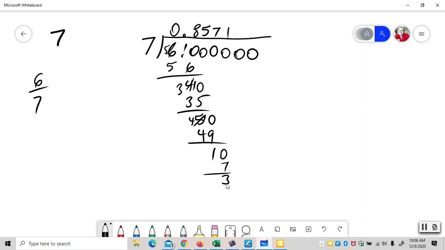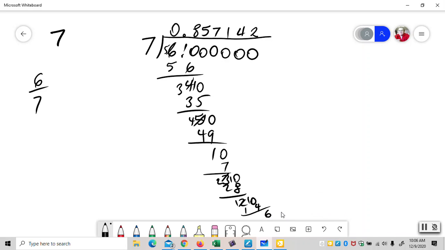7 from 10 is 3. Drop the 0. 7 times 4 is 28. Borrow from that. 8 from 10 is 2. Drop the 0. 2 times 7 is 14. Borrow from that. 4 from 10 is 6.